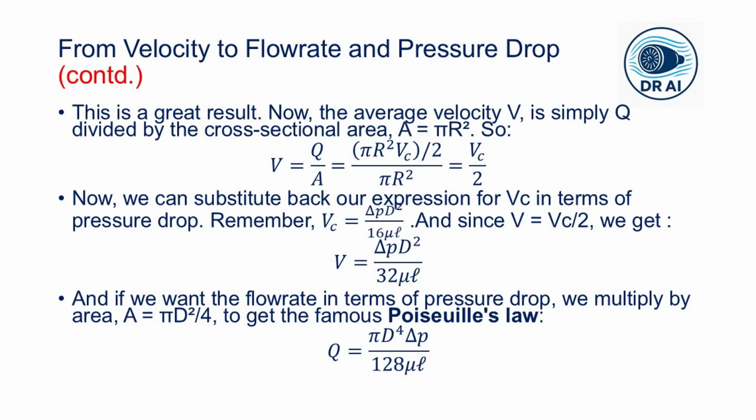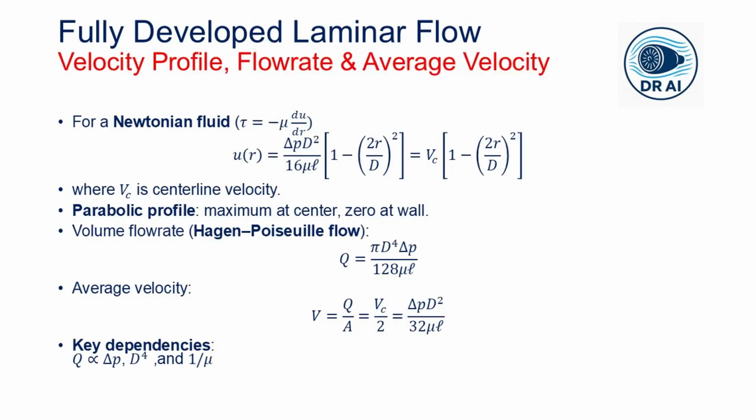Area is equal to pi d squared divided by 4 to get the famous Poiseuille's law, which is represented over here as Q is equal to pi d to the power 4 times delta P divided by 128 mu L.